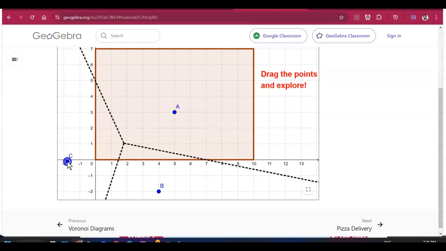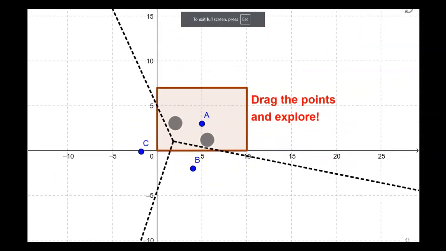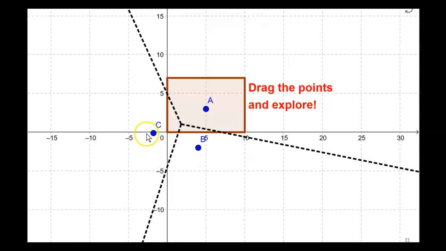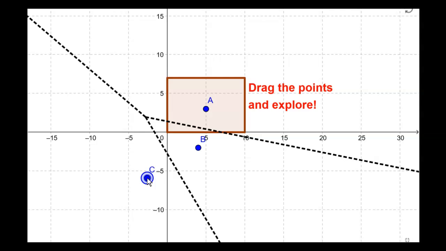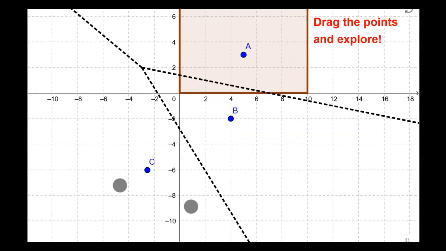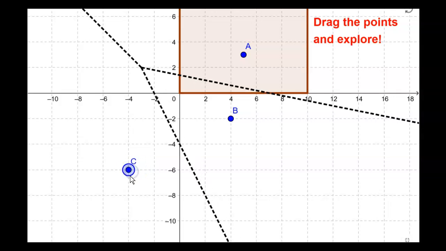Guys, zoom in. Minus 4, minus 6, somewhere here. Zoom in a little bit more so you can see the exact one. You're a bit too zoomed out. Minus 4, minus 6. Correct? Are you following that?